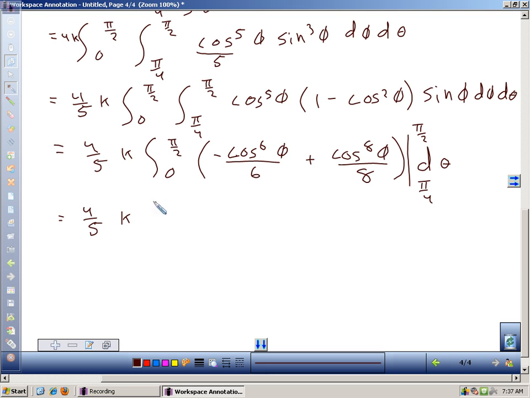4/5 k, integral from 0 to pi over 2. Cosine of pi over 2 is 0, so these two are both 0.